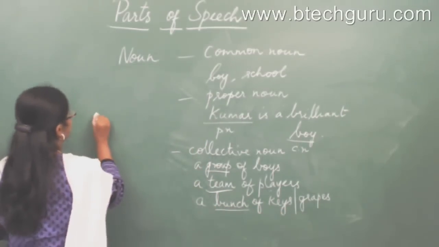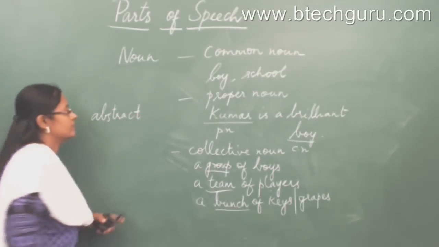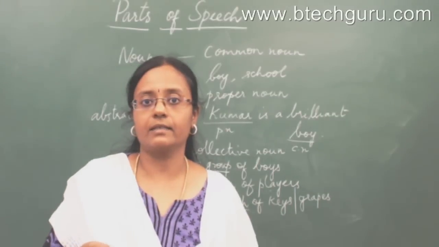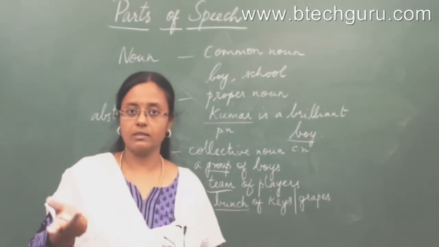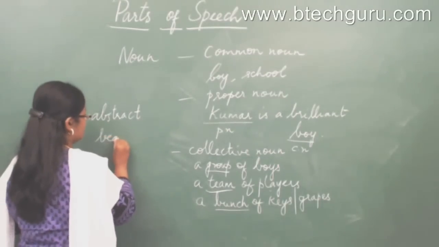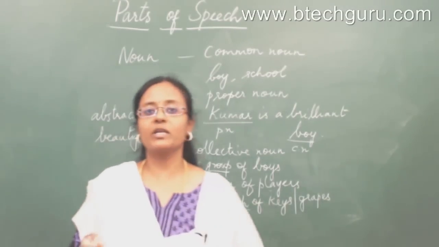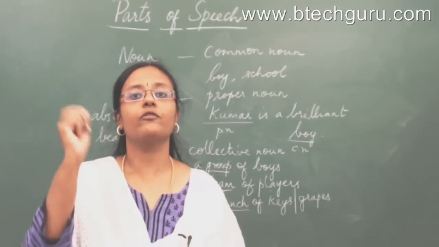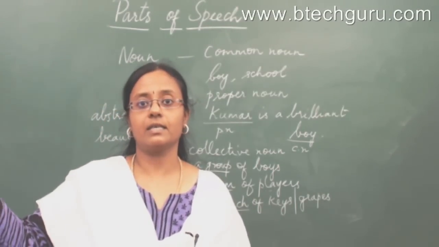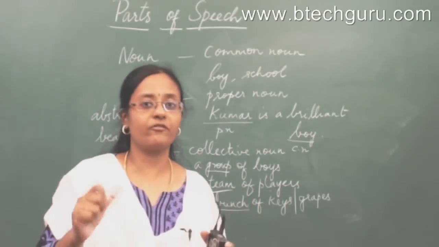Then we have the abstract noun. Abstract nouns are those nouns which you can only feel, right? They express a quality, a characteristic or a state. Like beauty, beauty as such you cannot see. You can see a beautiful girl, a beautiful flower, a beautiful place, a beautiful sunrise, a beautiful sky, but beauty as such can only be felt.